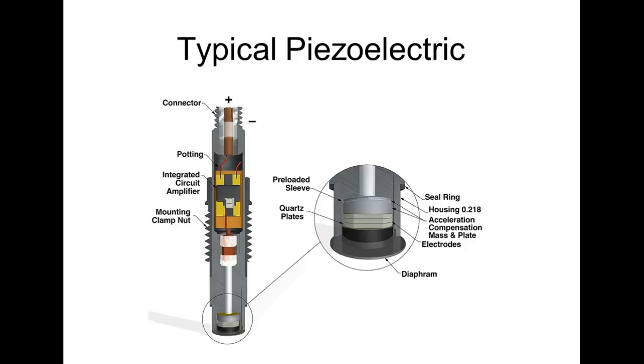This guy produces a voltage that's proportional to pressure. But the problem is it requires what? No, we don't have to fire these things up. But they don't measure static pressure, they measure what? Change in pressure. Everybody understand that?